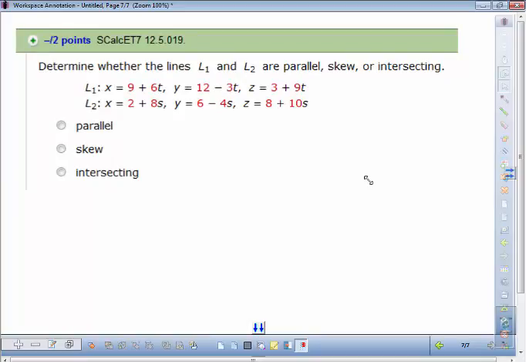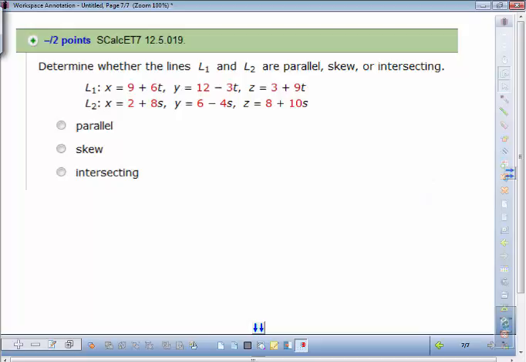So here are the 2 lines, and in terms of finding out if they're parallel, what would be a good thing to look for in the line? The direction of the line, right? If the directions are going in the same direction or even opposite directions, then they're parallel.